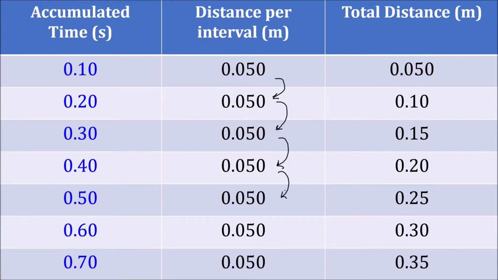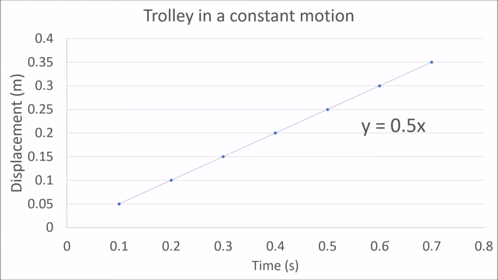So if there is no difference in the distance over equal time intervals of that object, then you know you've made constant progress. So this is an example of constant speed. Each same interval of time, you will travel the same amount of distance. We also have here the accumulated distance. This is what we're going to be using to graph out the data. Okay, so this is what we have.